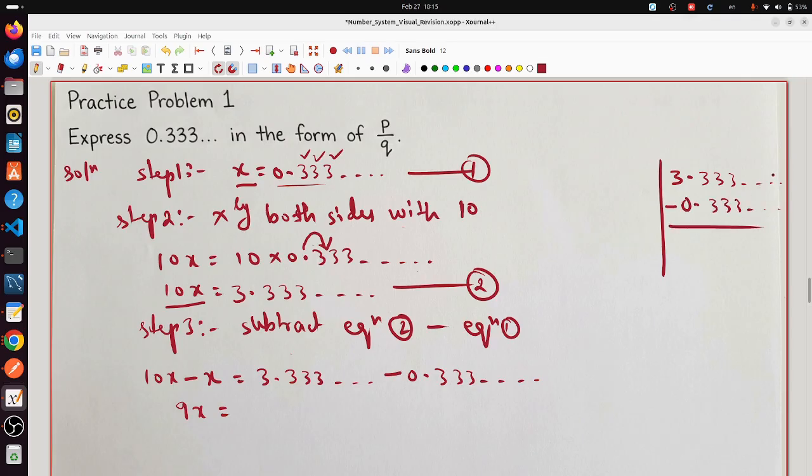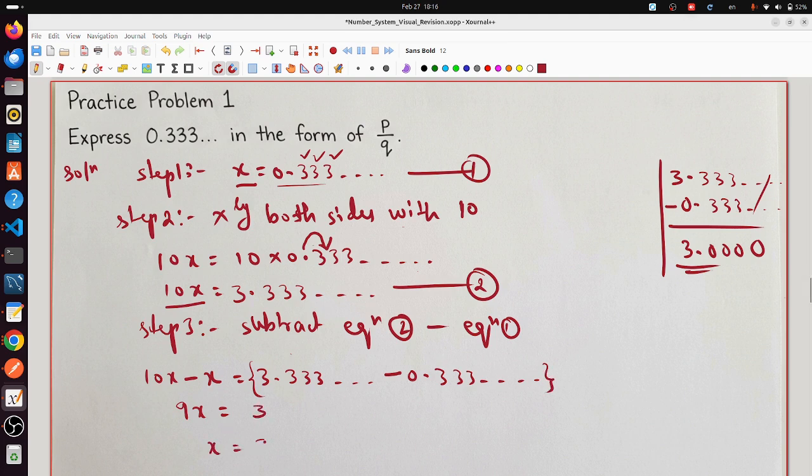Now what will happen? These repeating terms become 0. Here 3 minus 3 is 0, 3 minus 3 is 0, here also 0. Point decimal, here 3 minus 0 is 3. So what is the value? 3. The whole term will be 3.